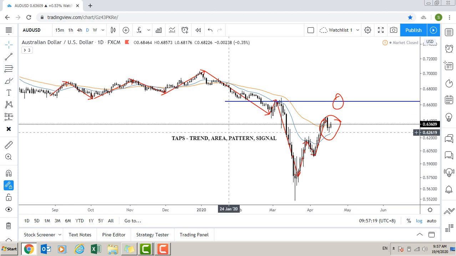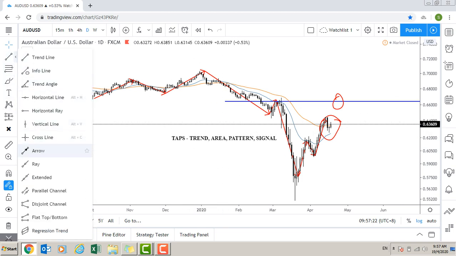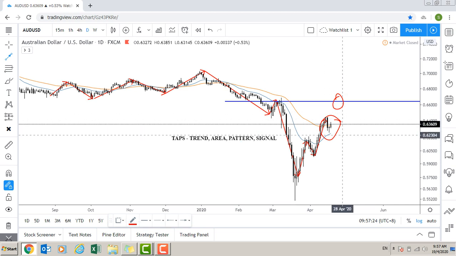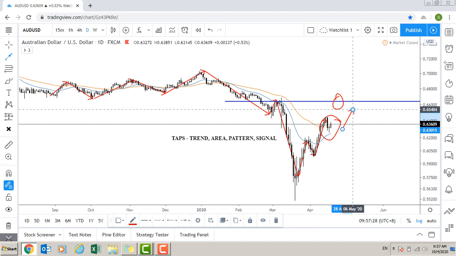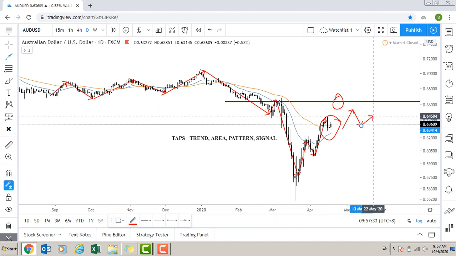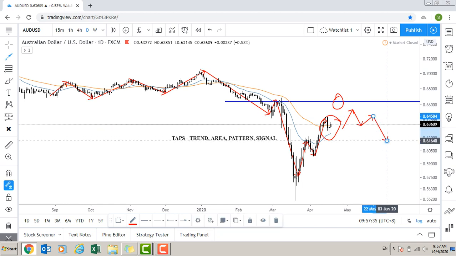If the price does not reach this area and starts to come down from this point, then what should we do? We should wait for this pattern to form.